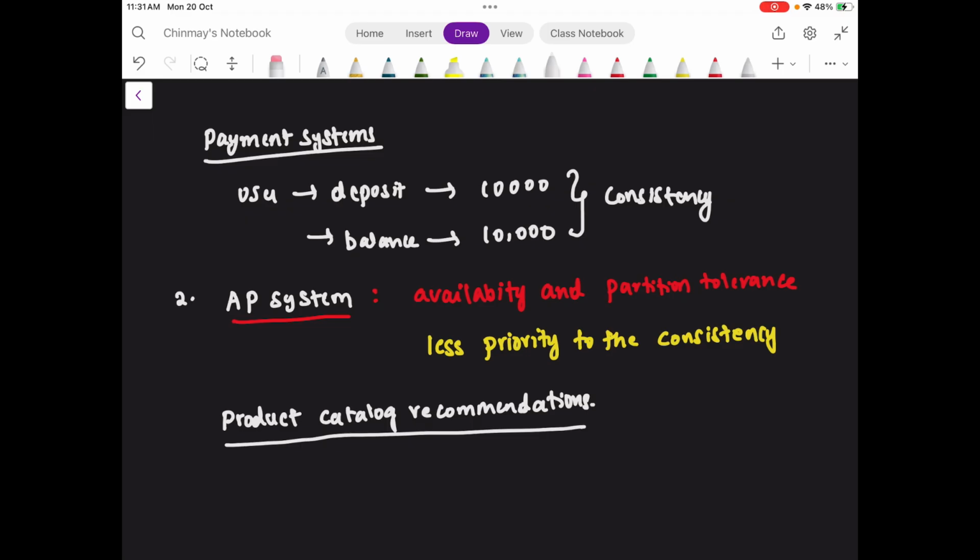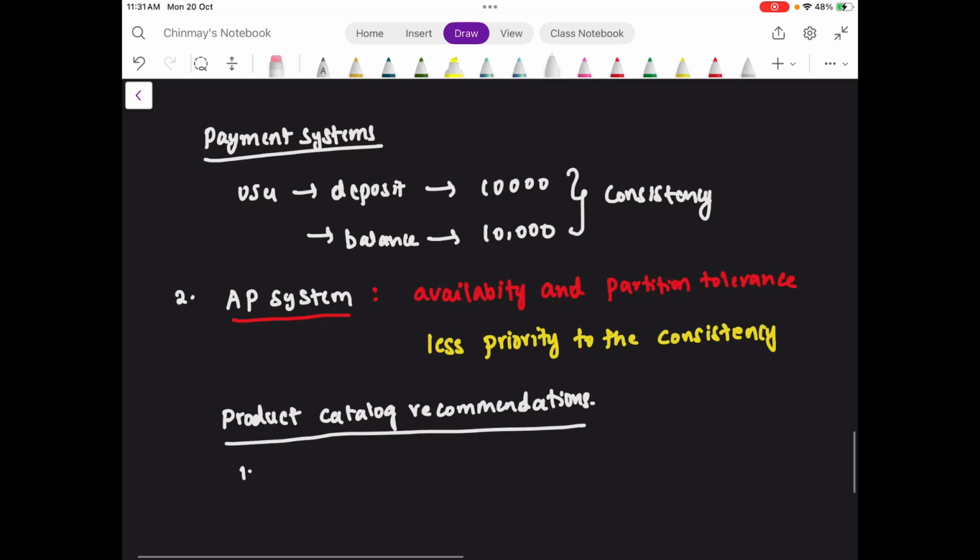Partition tolerance always exists. Even if different users get different responses, which is absolutely fine, getting the response is a high priority in the case of product catalog recommendations.